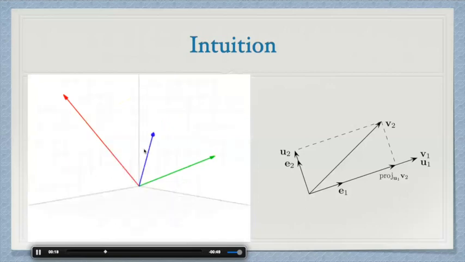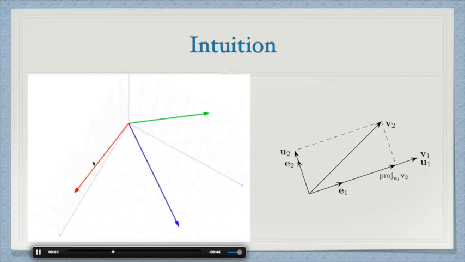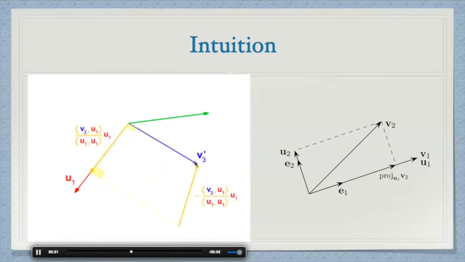Then we extend this to the third vector by removing its component along U1, which can be seen as follows. We are left with V3 dash. From here, we remove the component of V3 dash which also lies along U2, and we are left with U3, which is the third orthogonal component.